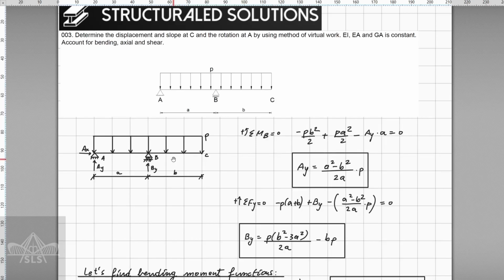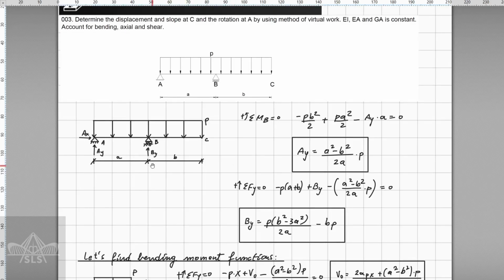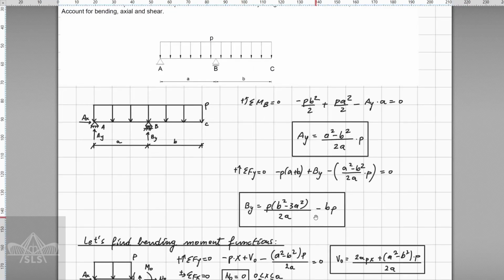For this case I decided to take bending moment at point B equal to 0, and by doing so we are able to determine the value of reaction Ay parametrically as shown here. Next, we take sum of forces in the Y direction, and in this way we determine the reaction at support B, which I denoted with By, and this is the value parametrically. And the value of Ax is obviously going to be 0, as there is no lateral load acting on the beam itself.